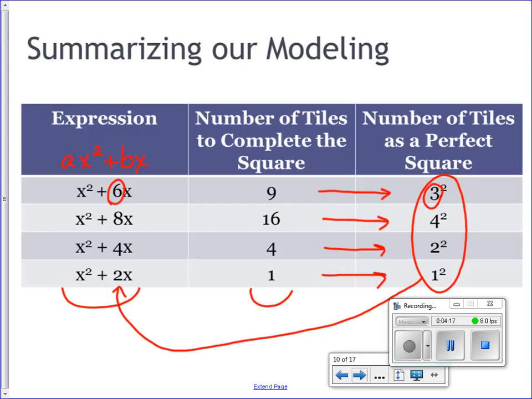And then we square the 3. Here we have an 8. Half of 8 is 4, and then we square it. Here we have 4. Half of 4 is 2, and then we square it. Half of 2 is 1, and then we square it. And that's the little formula that we're going to use in today's lesson.